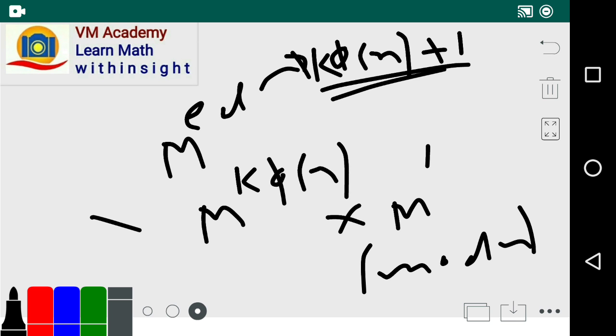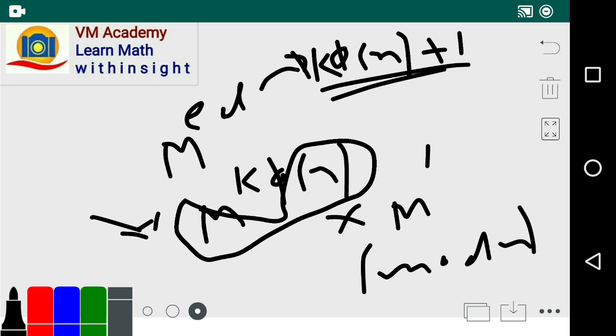The receiver will do this operation. Now we know that m raised to phi n, where GCD of m and n is generally 1, is nothing but 1, and raised to the k power is also 1. So this becomes 1, and we get the original message.